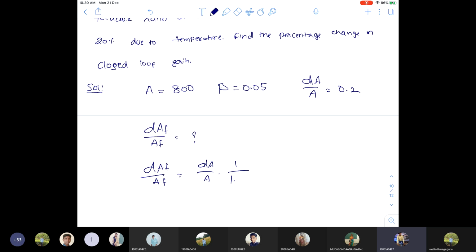Yes. So dA by A is 20%, that is 0.2, divided by 1 plus 800 into 0.05. So how much will you get?